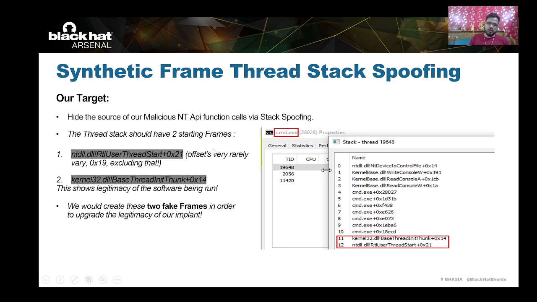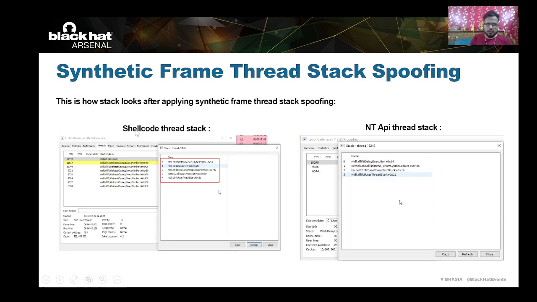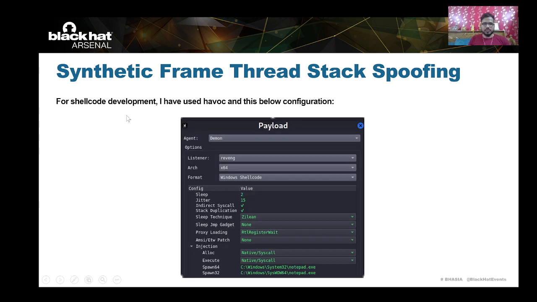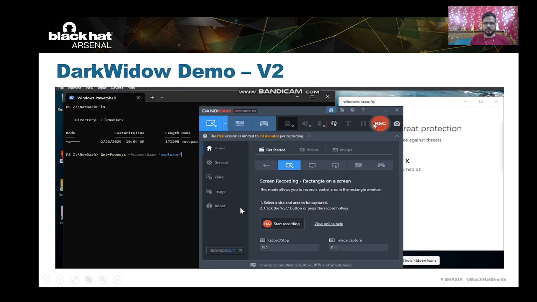So what we would do is create two fake frames like this and add them to the top of the stack. Now the NT APIs would look like this. You can see, totally legitimate, and the shellcode thread stack is looking like this. It's legitimate. For shellcode development, I used Havoc, and this is the configuration. I used stack duplication here.